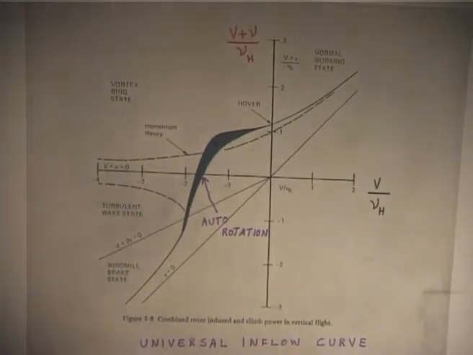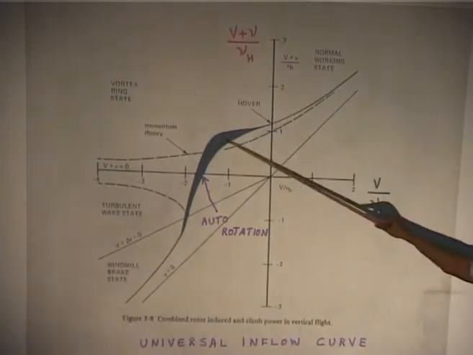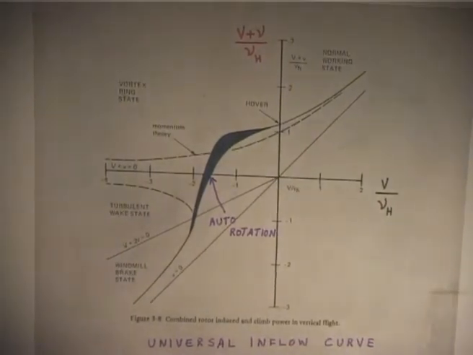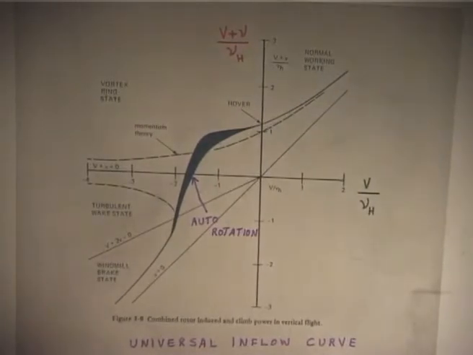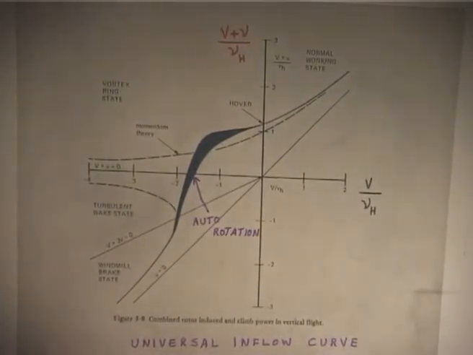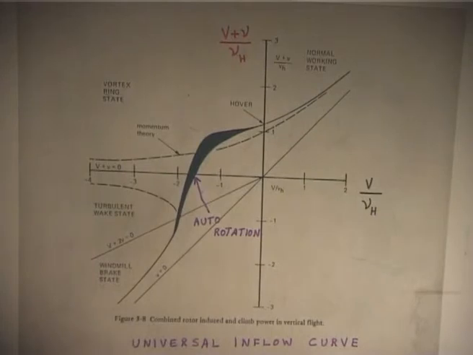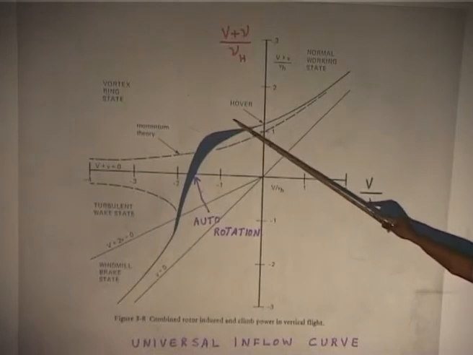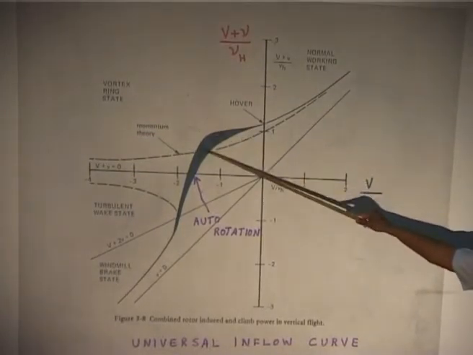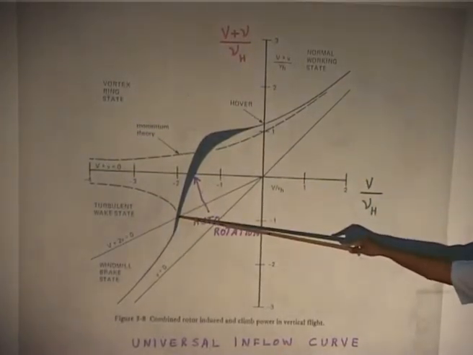And then just this red, this black patch is by experiment, you try to get an inflow, you can do that, and then they are all plotted as some patch. So, you approximate, it is basically an approximation, please understand, of the inflow in the region vortex ring state to turbulent wake state.